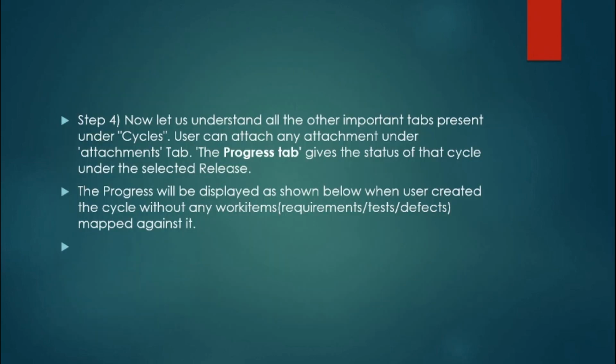Now let us understand the other important tabs present under the cycle. The user can attach any attachment under the attachment tab, and the progress tab gives the status of that cycle under the selected release. The progress will be displayed as shown below when the user creates the cycle without any work items.